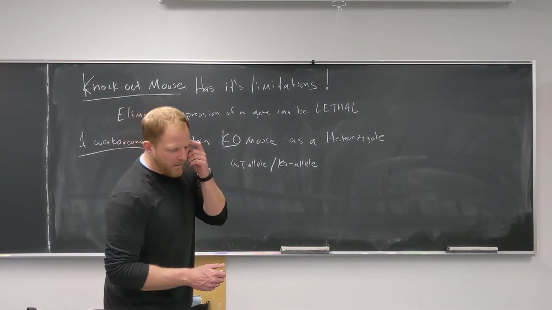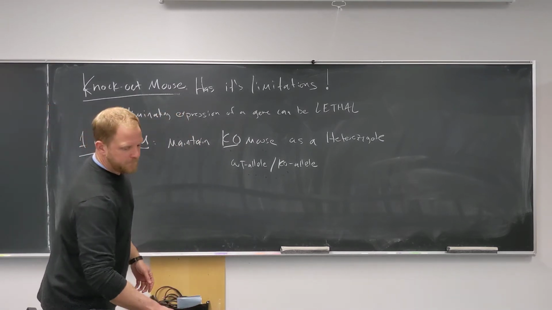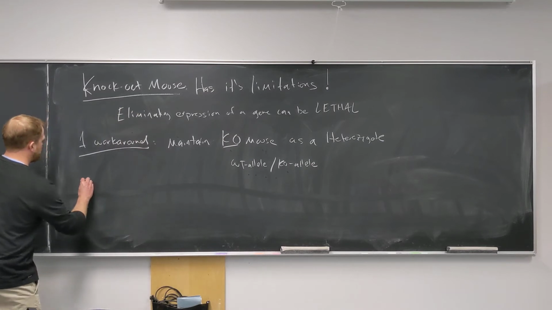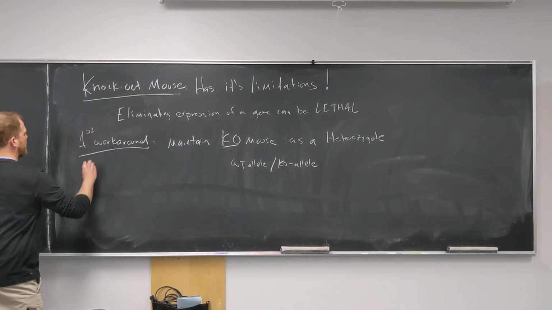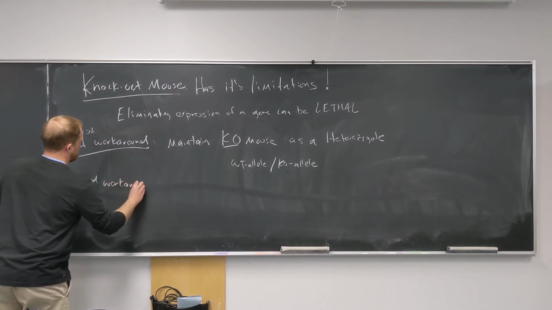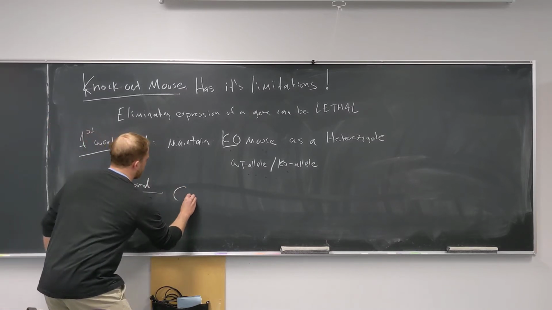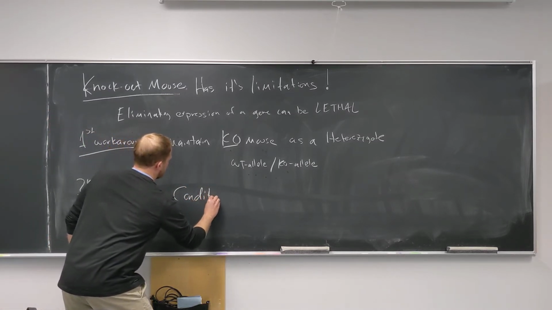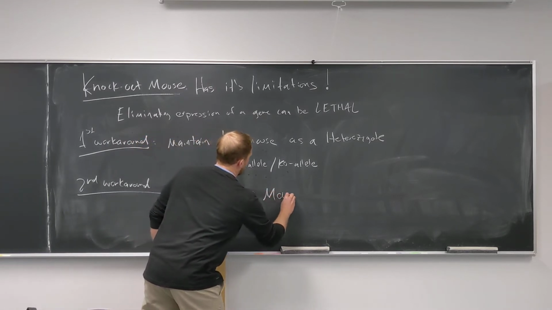But the other workaround that I'm going to talk about now, we'll call the first one the first workaround and this one the second workaround, involves creating what's called a conditional knockout mouse.